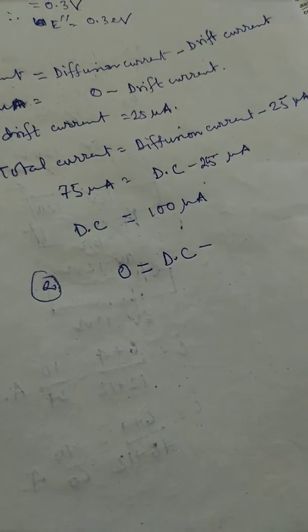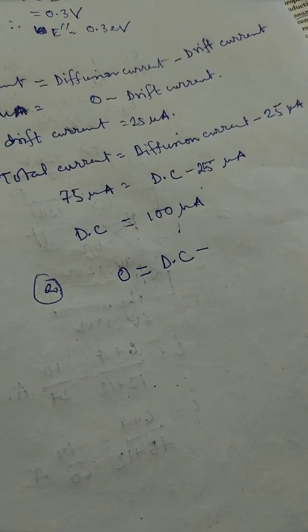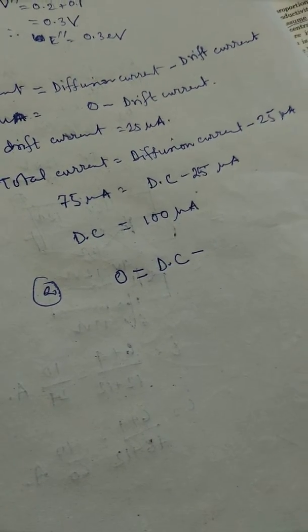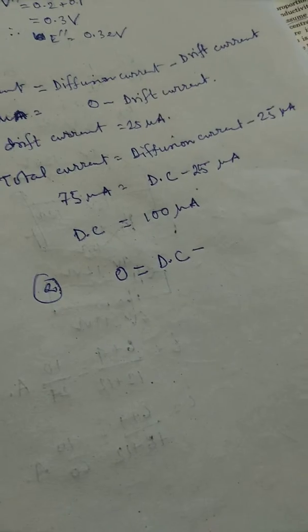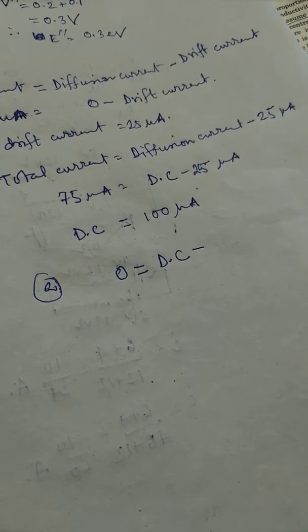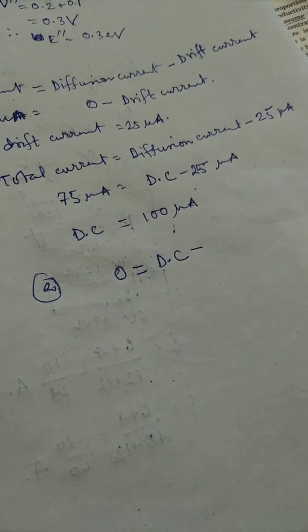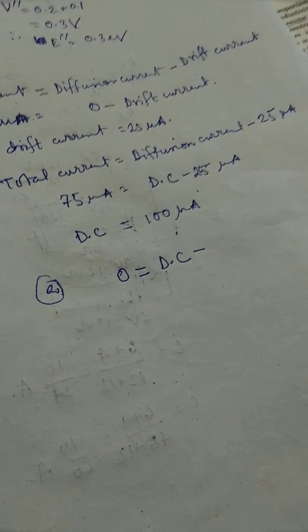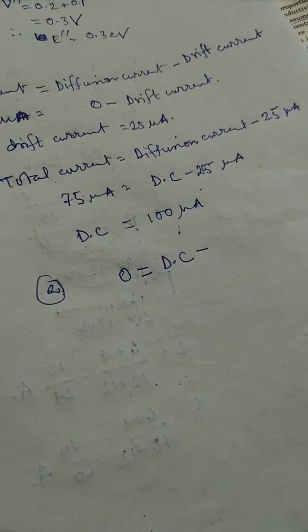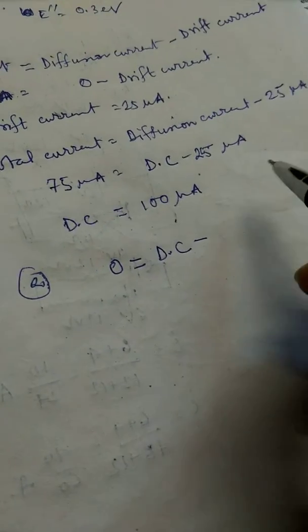Otherwise, without using any external source, we would have obtained a current from a semiconductor. So we could use it for different purposes. We wouldn't have to take an electricity connection. We could have used that, right? So unbiased semiconductor will not give any current. The total current is zero.